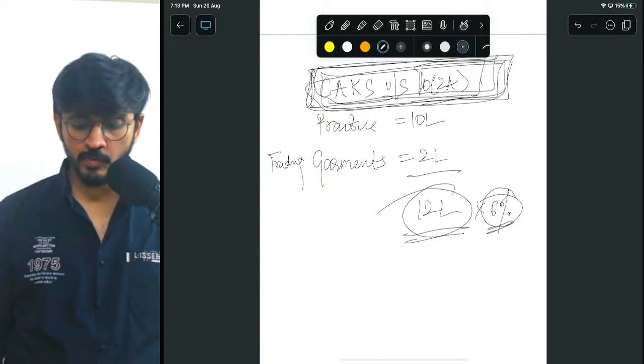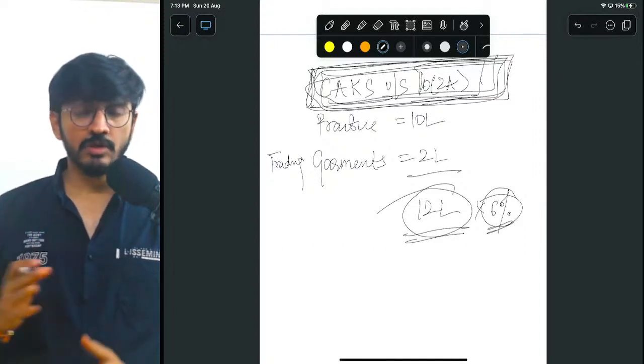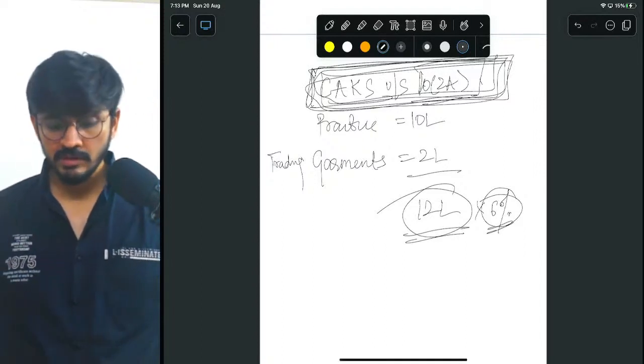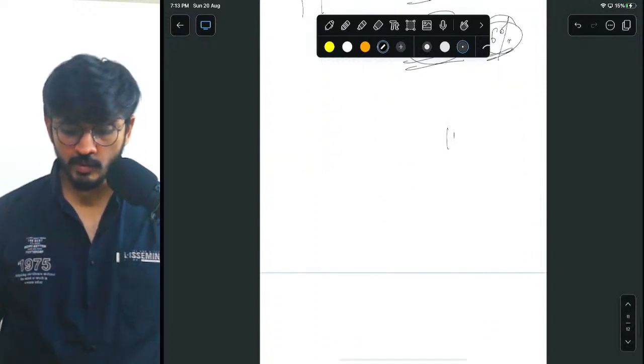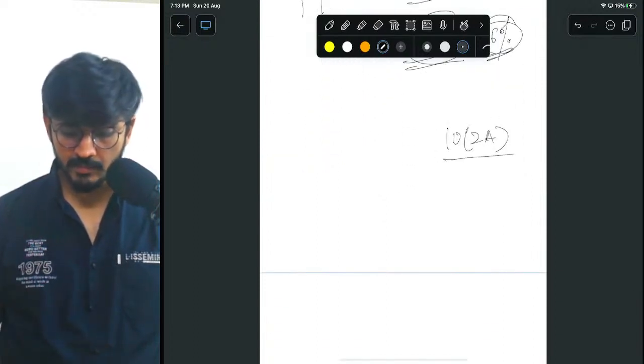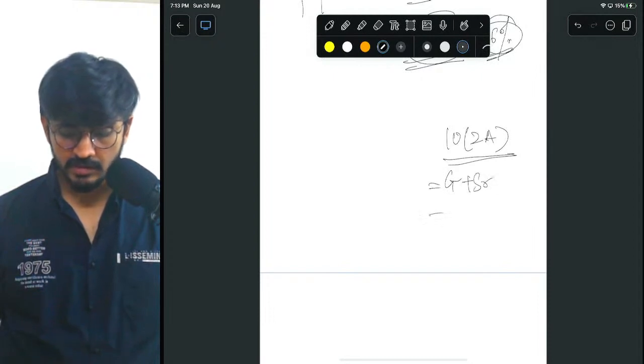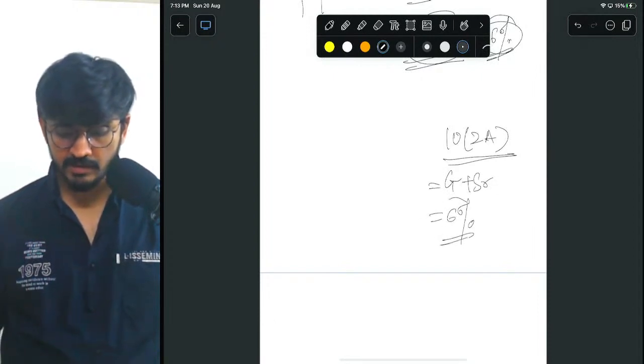Your main job is to provide service. So you're registered under the 10(2)(a) scheme. If you are governed under the 10(2)(a) scheme, it doesn't matter whether you are selling goods or service, you are subject to 6%.